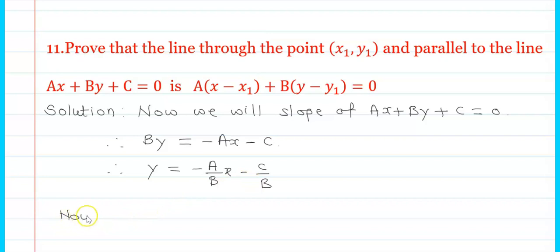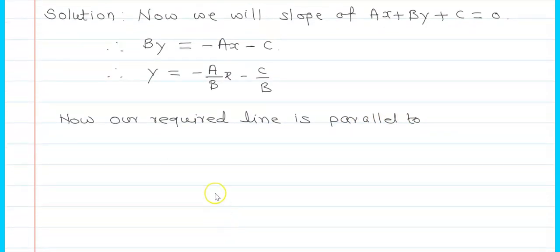Now our required line is parallel to y is equal to minus a upon b x minus c upon b.